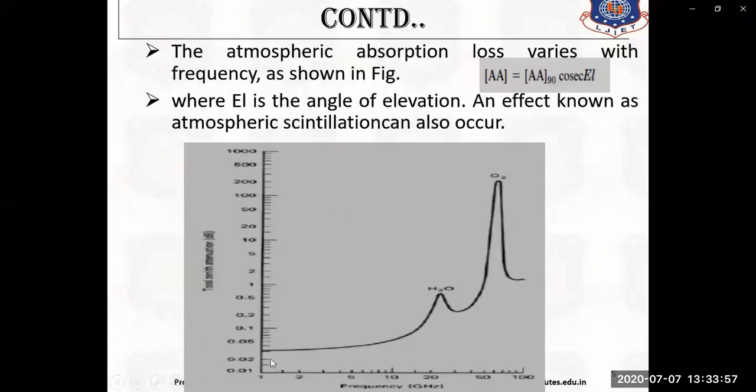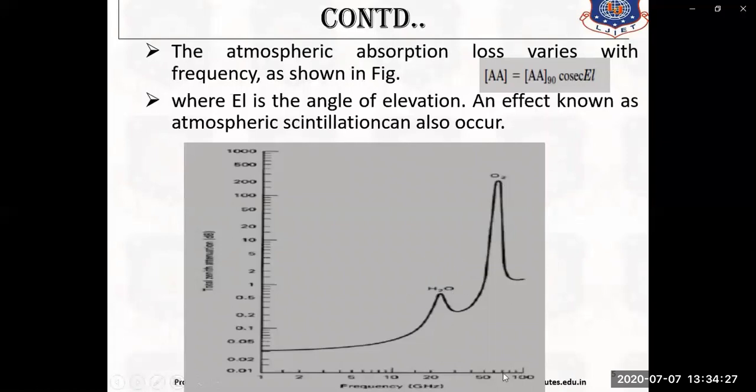Now, focusing on this graph, as the frequency increases, the attenuation also increases. But we get two peaks at specific frequencies. One is at approximately 22.3 gigahertz, which causes the absorption due to H2O present in the atmosphere.